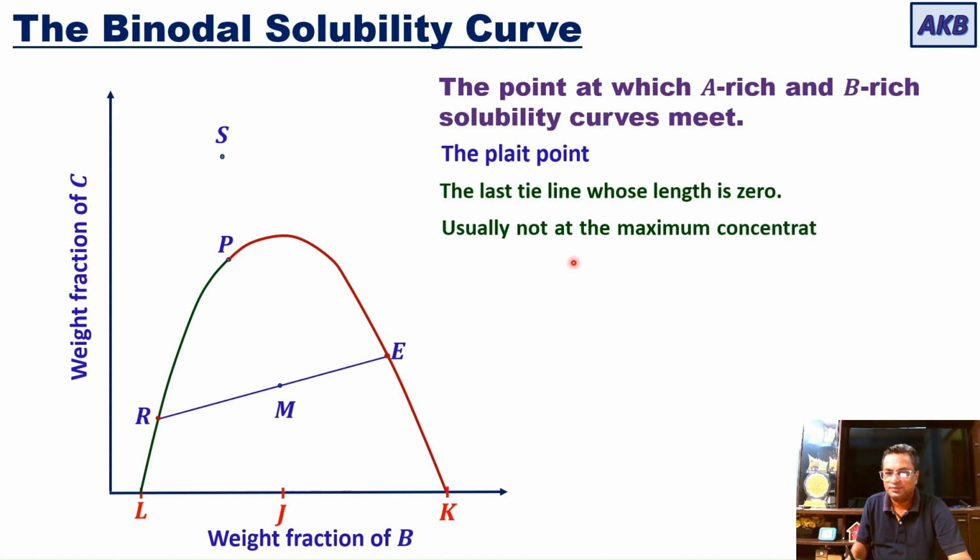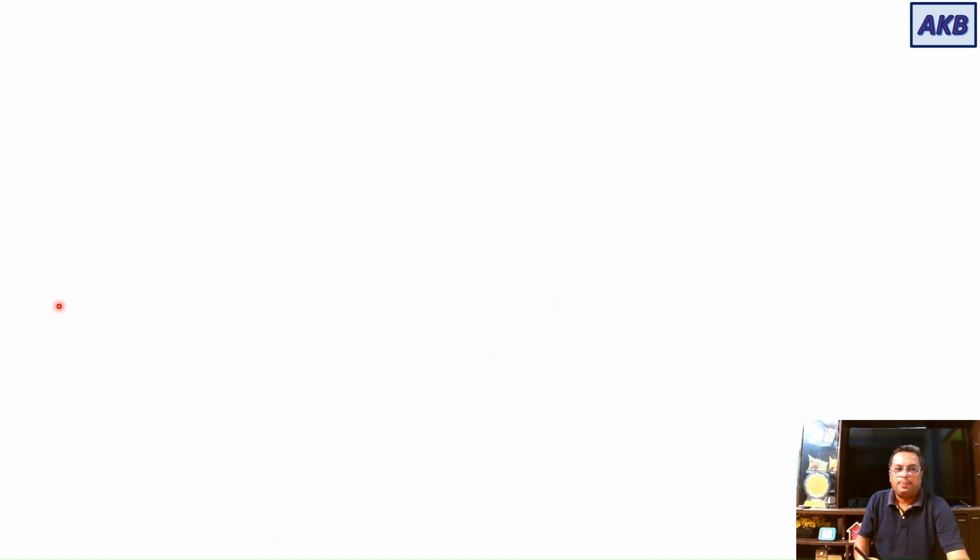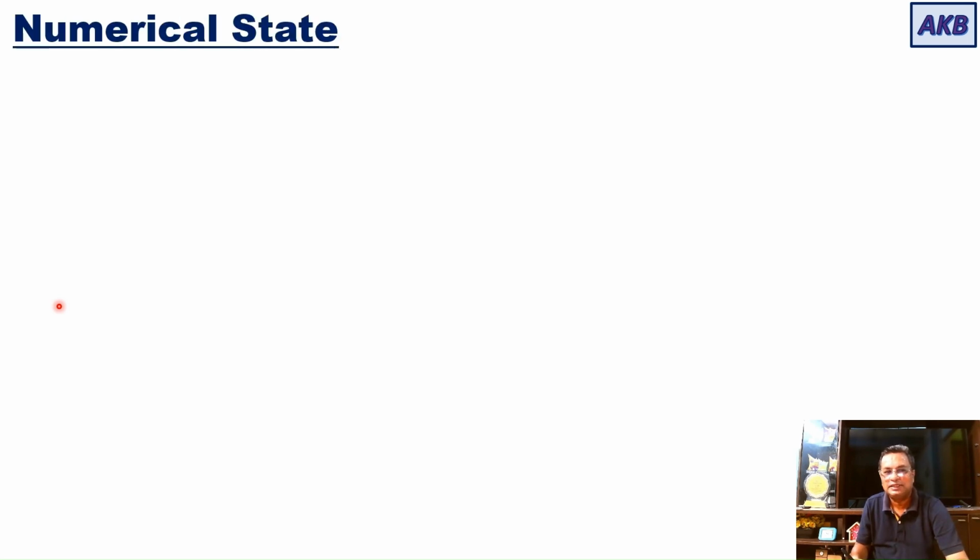Usually, this point is not at the maximum concentration of C on the binodal solubility curve. I have talked about those tie lines in my earlier video on ternary equilibria, which was represented on equilateral triangular coordinates.